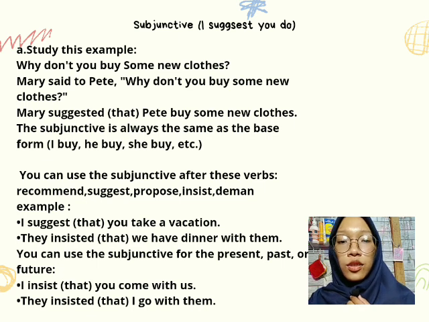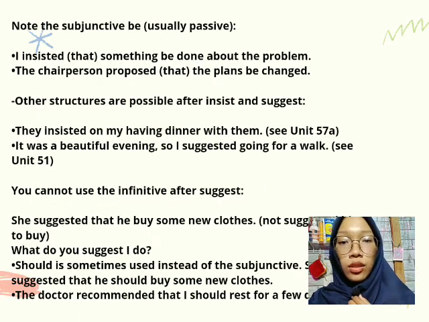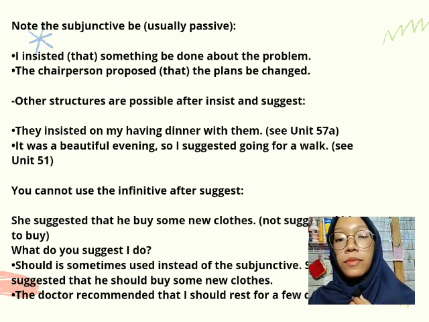I insist you come with us. They insisted I go with them. Note, the subjunctive be is usually passive. I insisted something be done about the problem. The chairperson proposed the plans be changed.